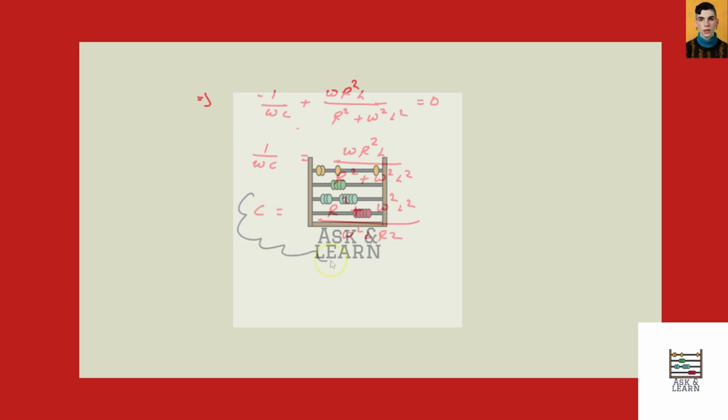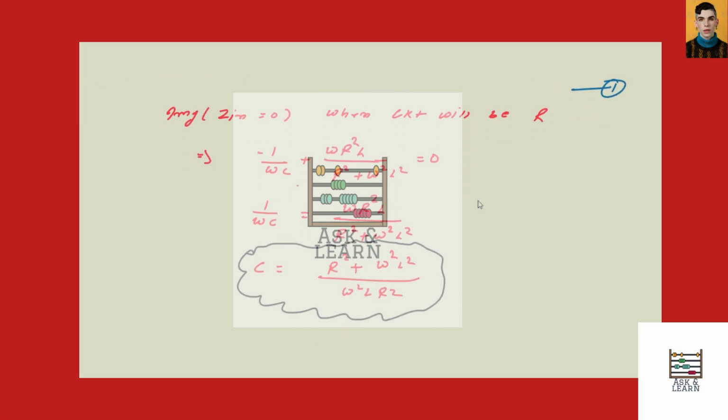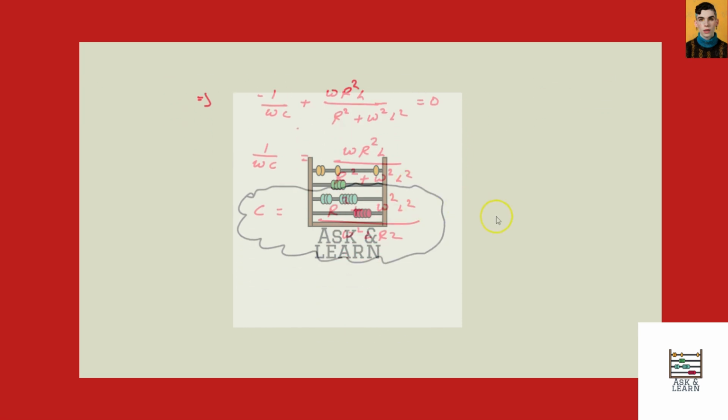This is the value of the capacitor, and we know that the frequency is 10 megahertz, F equals 10 into 10 to the power 6, which gives 10 to the power 7.